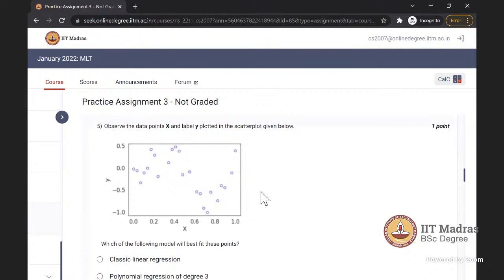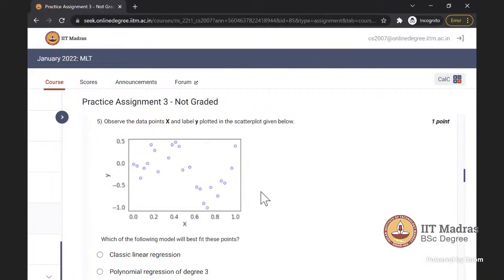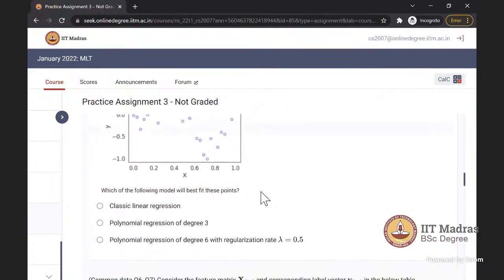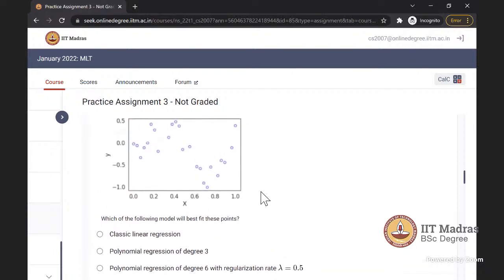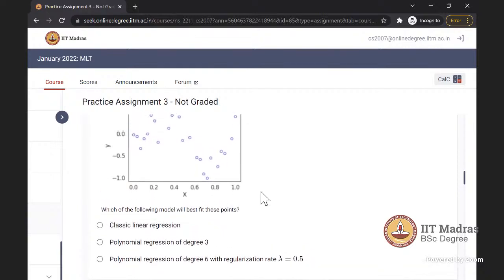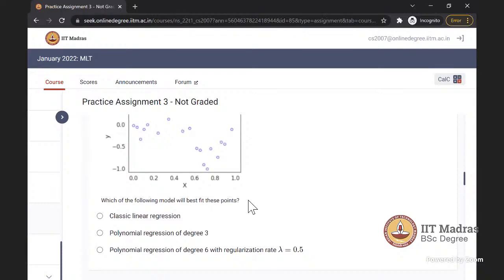Okay, let's go to question number 5. Observe the data points X and label Y plotted in the screenshot given below. Which of the following models will best fit these points? Classic linear regression, polynomial regression with degree 3, or polynomial regression of degree 6 with regularization rate 0.5.